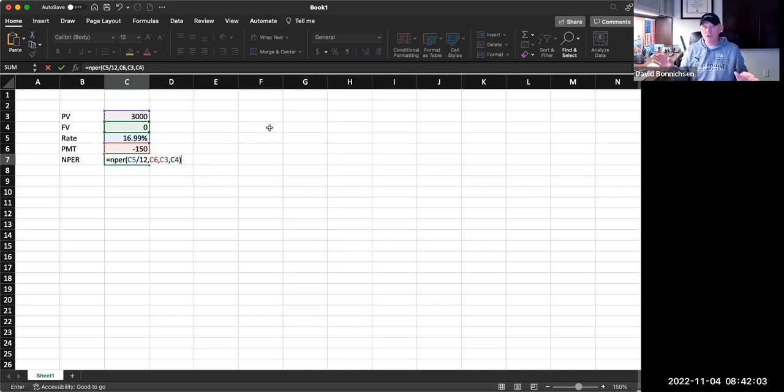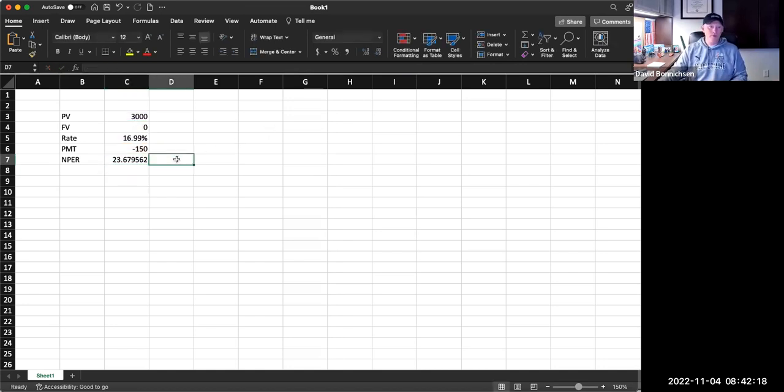So that's what question 17A is all about. If Albert continues to pay his regular monthly payment and he's got an outstanding balance, how many months is it going to take him to pay it off? And there you go. It's going to take 23.68-ish, almost 24, compounding periods.